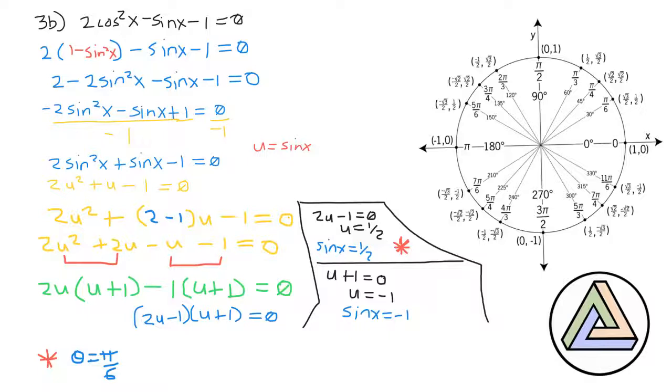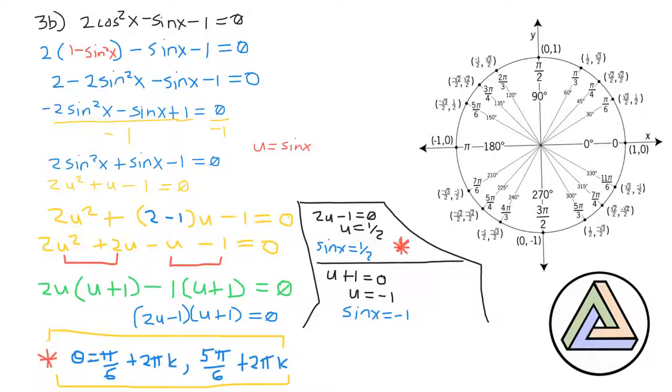But since sine functions have a period of 2 pi, that's going to be pi over 6 plus 2 pi k. And then we have to take into account this 5 pi over 6. We also know that theta is going to equal 5 pi over 6 plus 2 pi k. All right, so that is one of the answers to our problem.